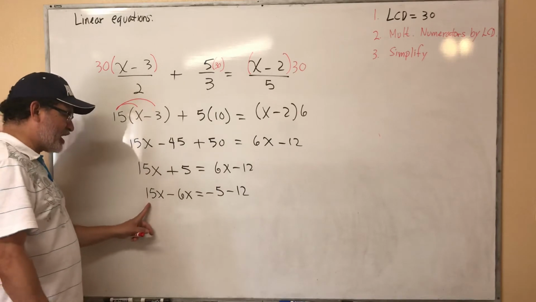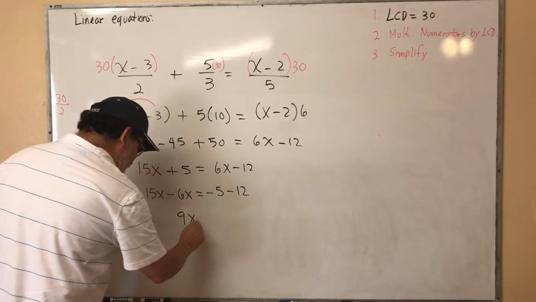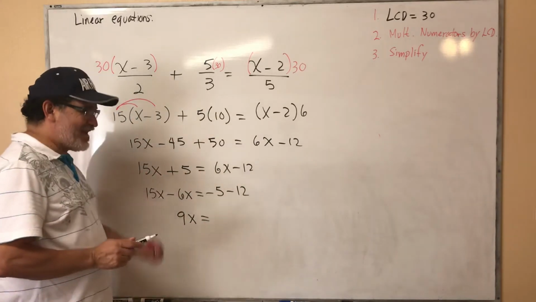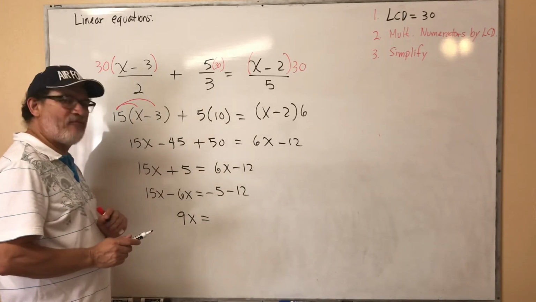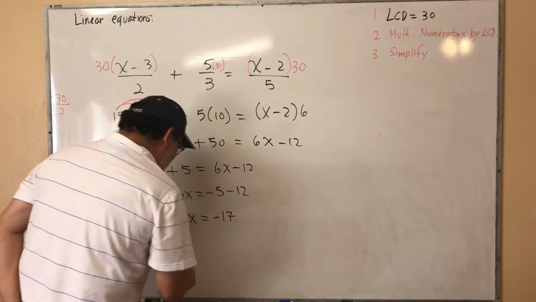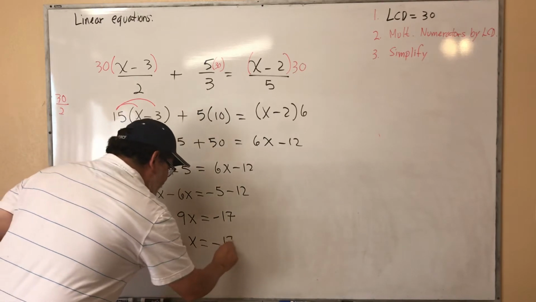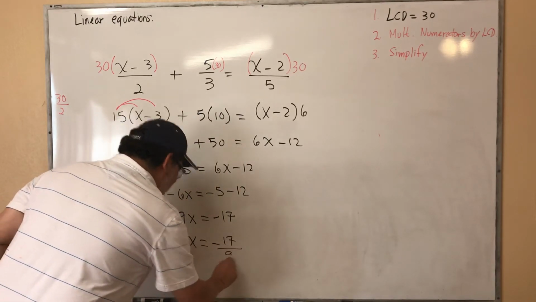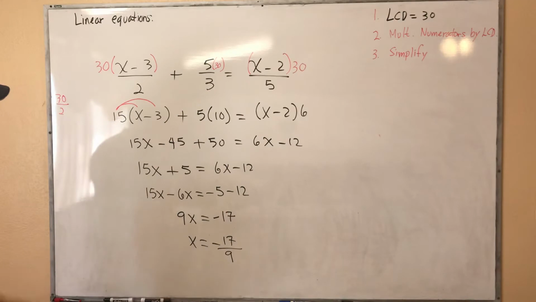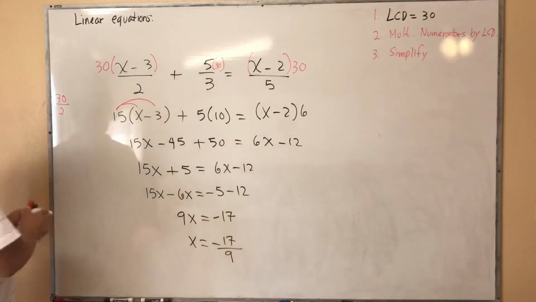So what's 15x minus 6x? 9x. And what is negative 5 minus 12? Minus 17. So x equals negative 17 over 9. And we have solved. We solved the original problem. What was the original problem?